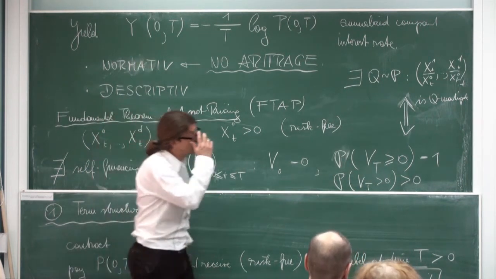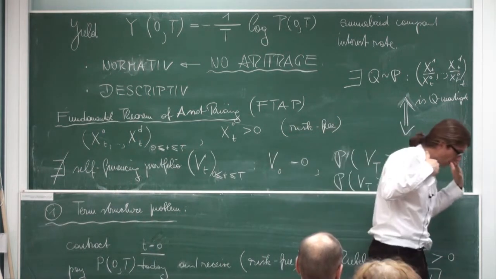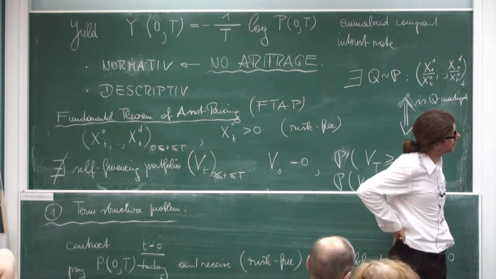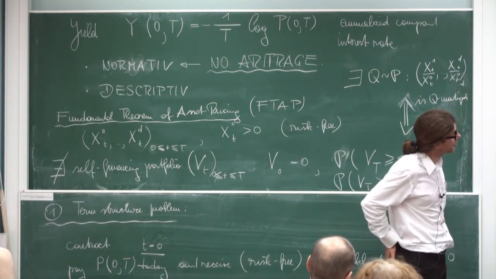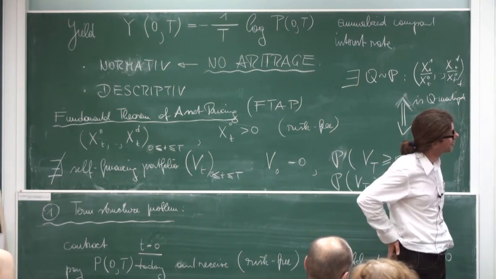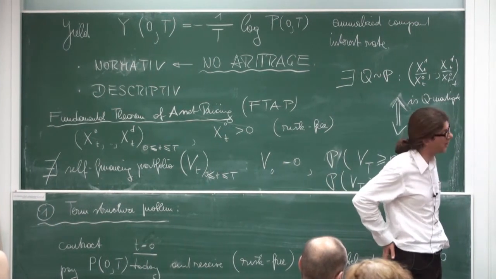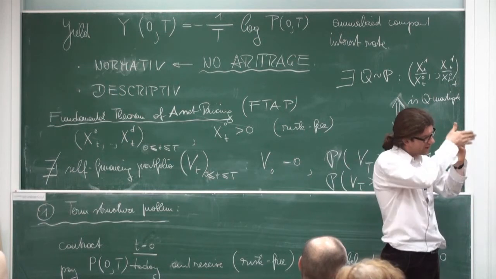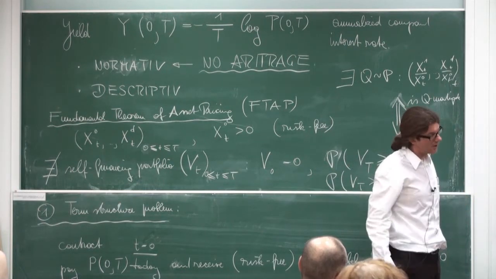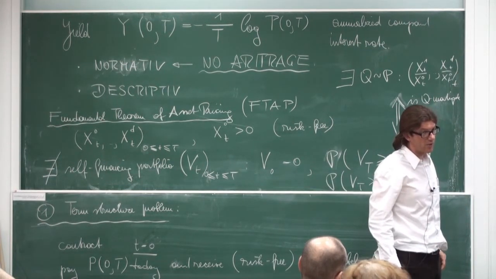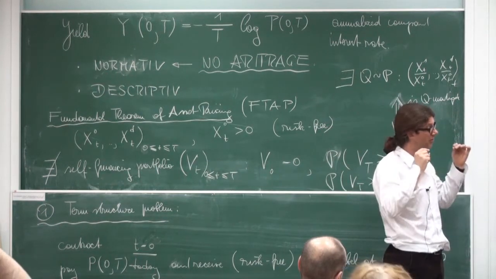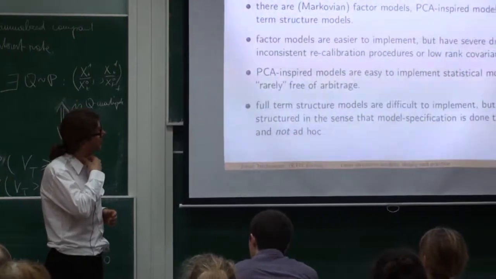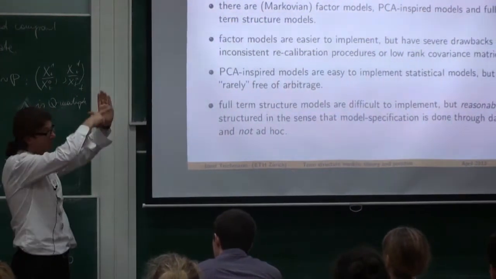A PCA model means you calculate, let's say in an already very advanced way, instantaneous covariance matrices. You calculate the spectral decomposition of this covariance matrix. This gives you eigen directions, and then you say, well, my most important direction of movement of the yield curve is such a movement.